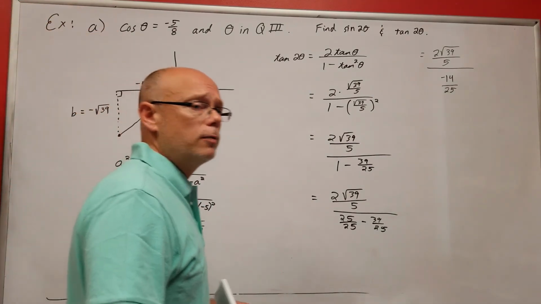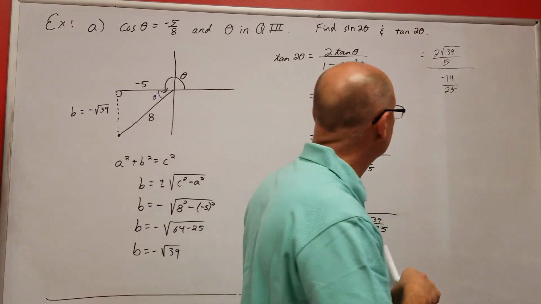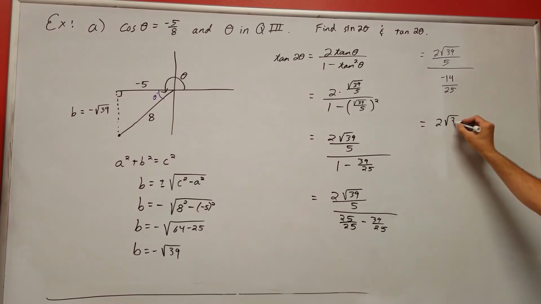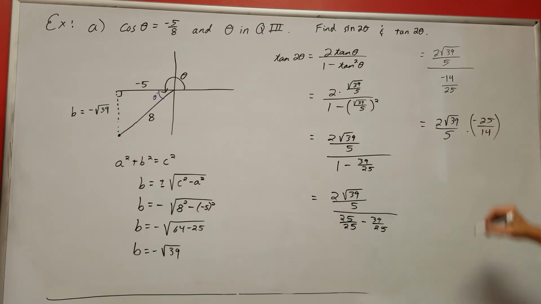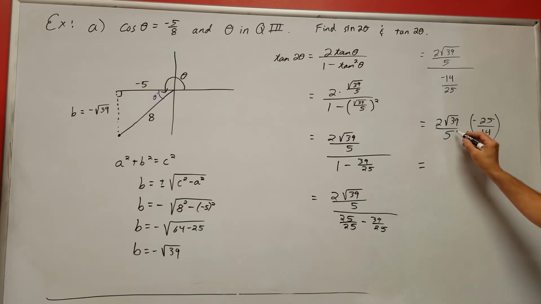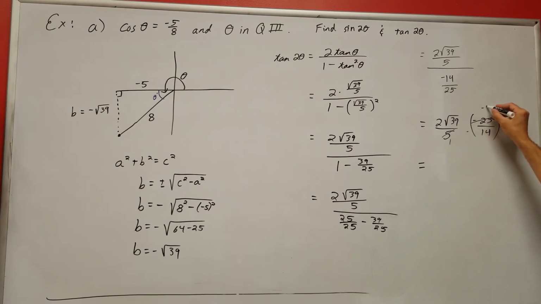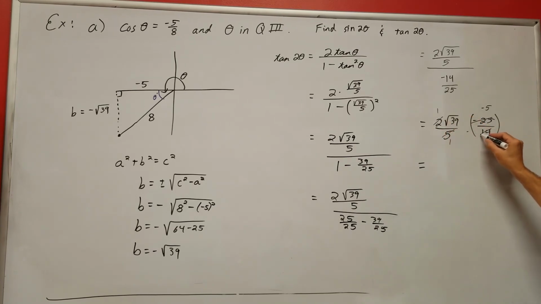Now, what do you do to simplify this? When you divide fractions, you multiply by the reciprocal. So we have 2 square roots of 39 over 5 times 25 over 14, which is negative. All right, let's see what we could do here. 5 divided by 5 is 1, negative 25 divided by 5 is negative 5. 2 divided by 2 is 1, 14 divided by 2 is 7.